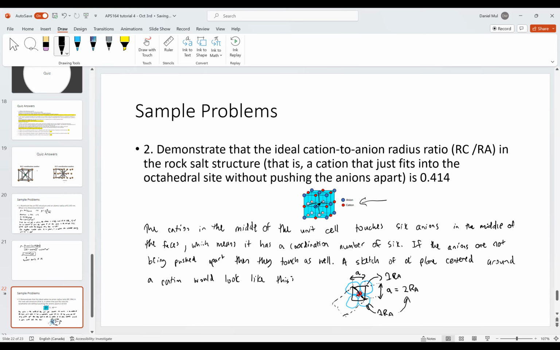The sketches are just to show what a unit cell would look like, but the atoms are actually a lot bigger.